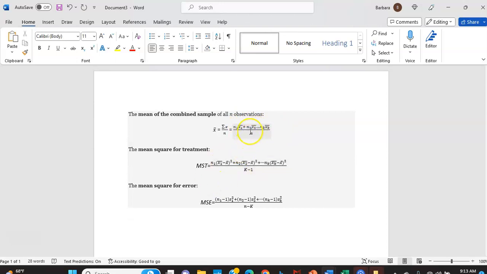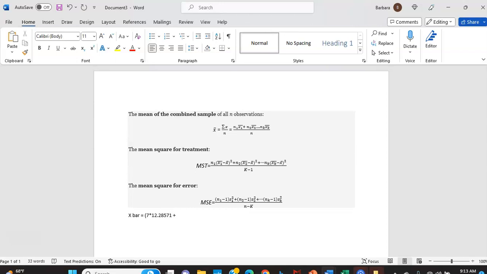And then we're going to divide by the entire number of things that we have. I'm just going to write X bar rather than trying to find the symbol for that.